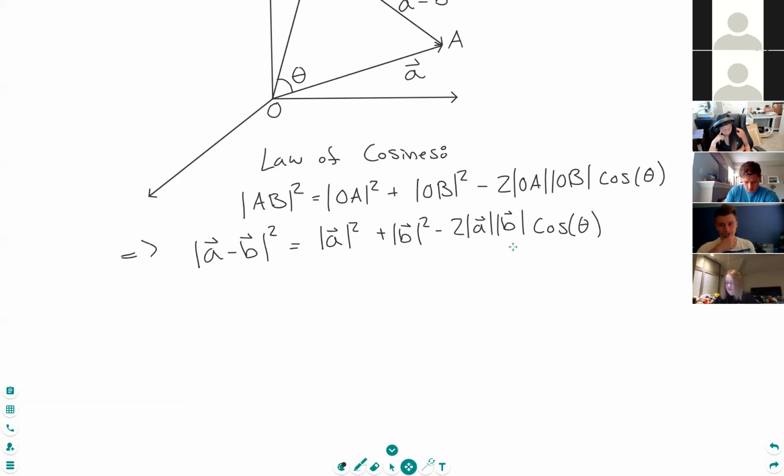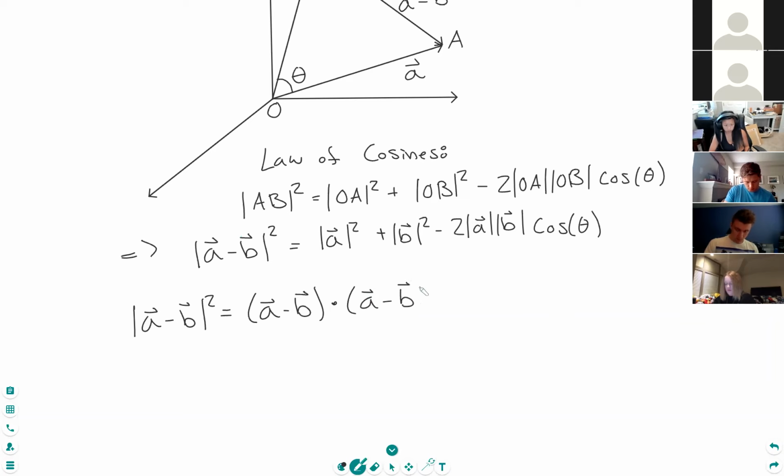So if we didn't have the dot product yet, we could be stuck here. But I want you to take a good look at this quantity on the left-hand side. Using one of the properties that we just discussed, the magnitude of a vector squared is the same thing as dotting it with itself. So this is A minus B dotted with A minus B. Okay, great.